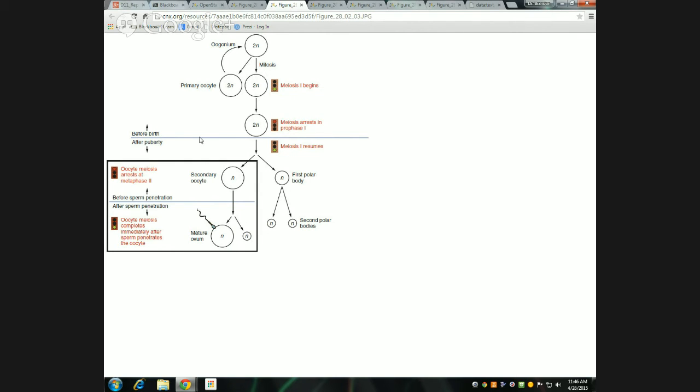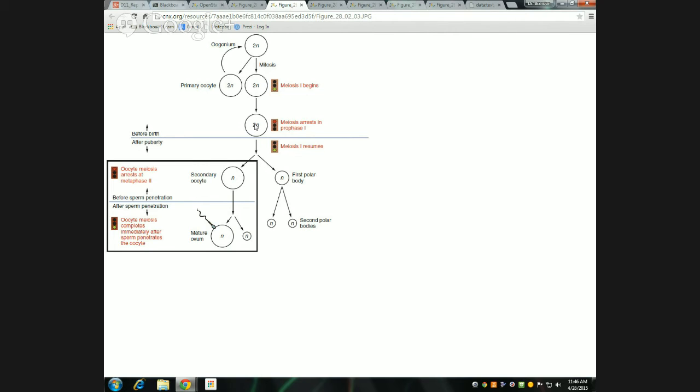The line that we see here separates what's happening before the woman's born, or the newborn girl is born, and what happens after puberty. So this line here represents the dozen or so years between birth and the onset of puberty. And the cells are made originally in the fetal ovary, and they sit there having just started meiosis until they're ready to resume meiosis after puberty. Okay.